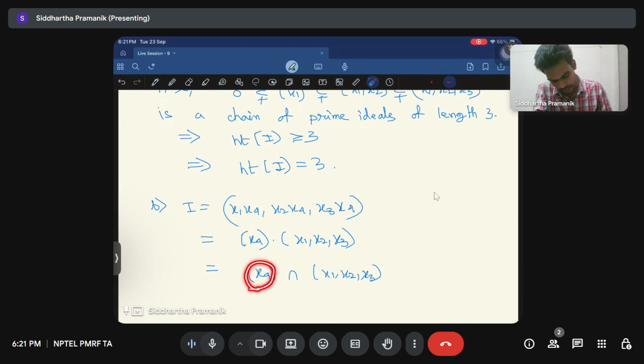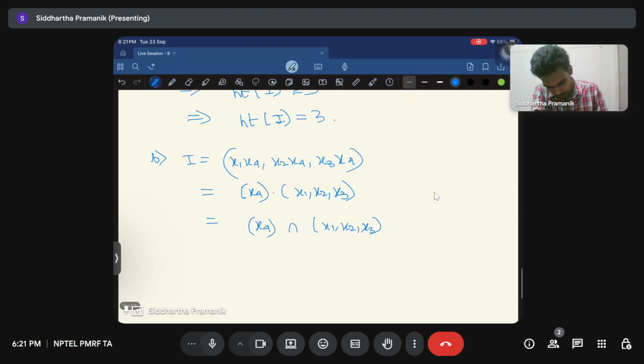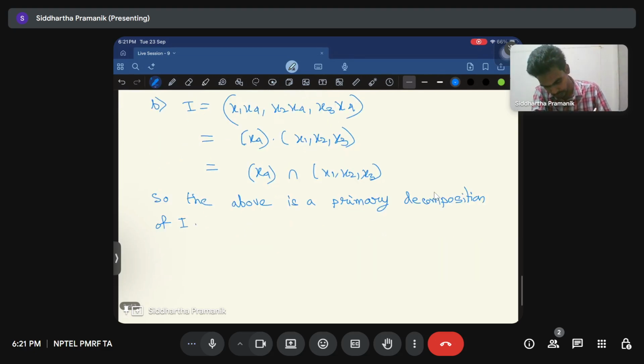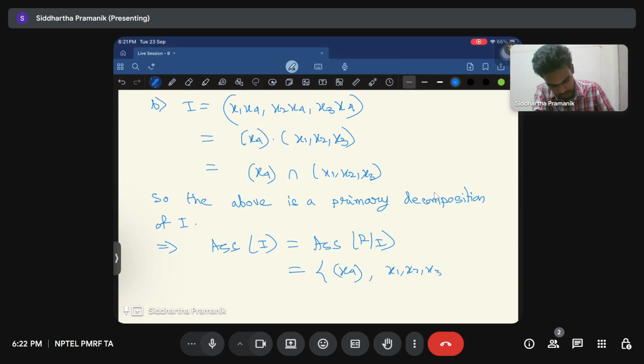But these both ideals are prime ideals. In particular, they are primary ideals. So this is a primary decomposition. So the above is a primary decomposition of I. So associated primes of I, which is basically same as associated primes of the module R mod I, is same as ideal generated by x4 and ideal generated by x1, x2, x3.